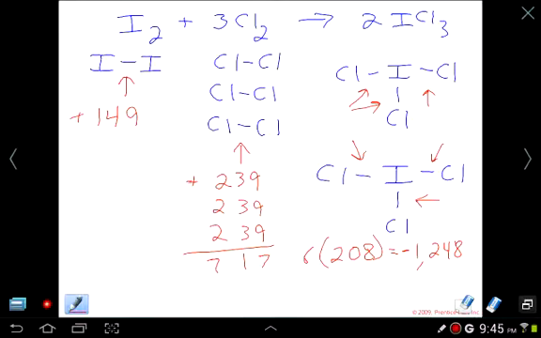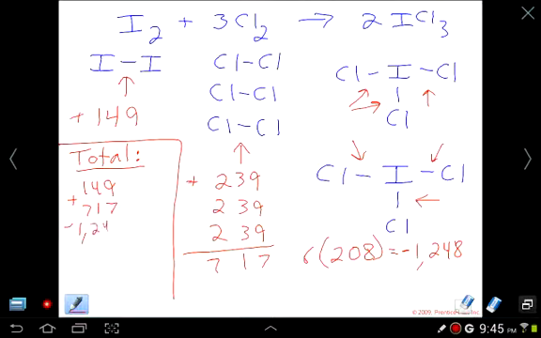So let's go ahead and do a total accounting. The total in our case will be 149 plus 717 minus 1,248. This is a strange way of putting it, but for a total of negative 382 kilojoules.